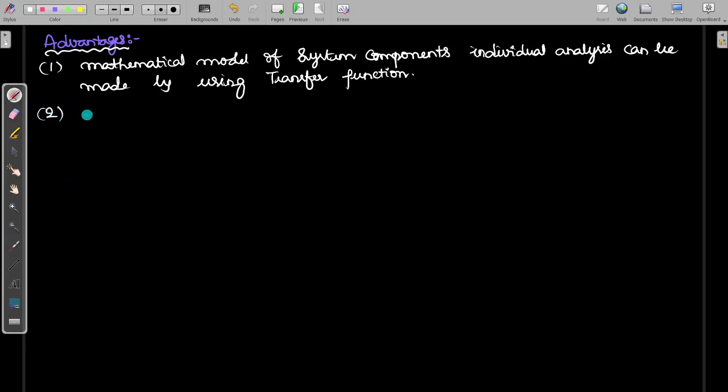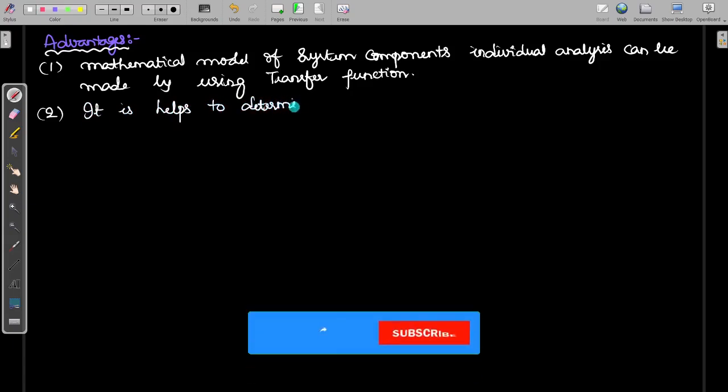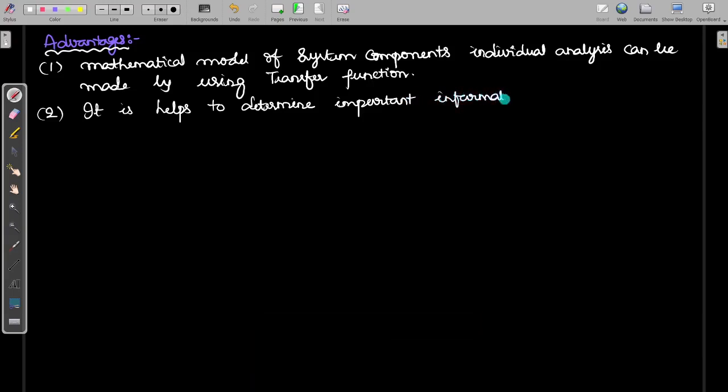Second important point is it helps to determine important information about systems such as poles and zeros.